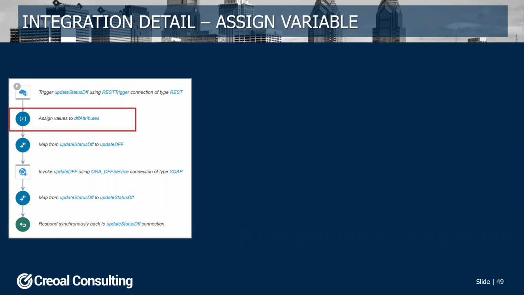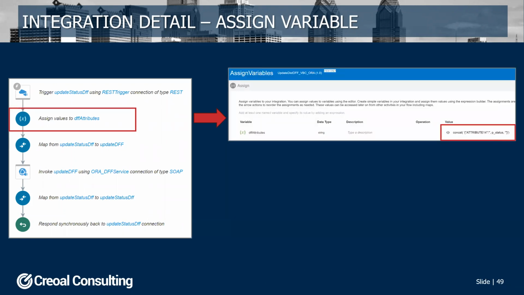So the next step is to assign a variable here. So the reason why we do this is this variable essentially needs to take the status value from the parameter that's being passed in.